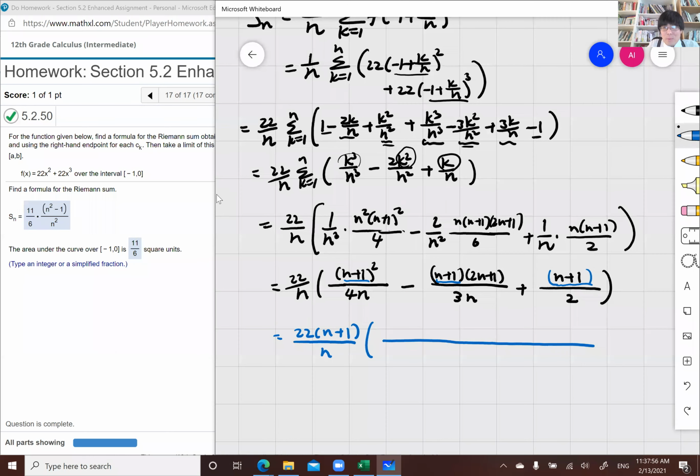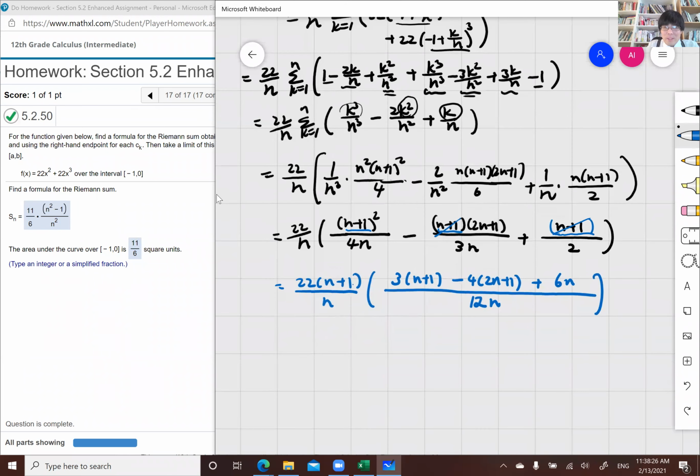The least common multiple of the denominators is going to be 12n. So after you factor out this one, you have to multiply it by 3. For the second term, after you remove this one, you multiply it by 4. And for this one, you have to multiply top and bottom by 6n after you move this one. So it's going to be 6n.